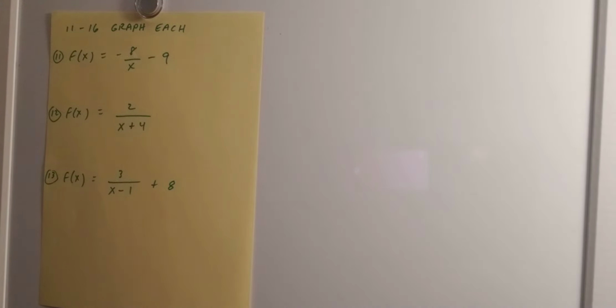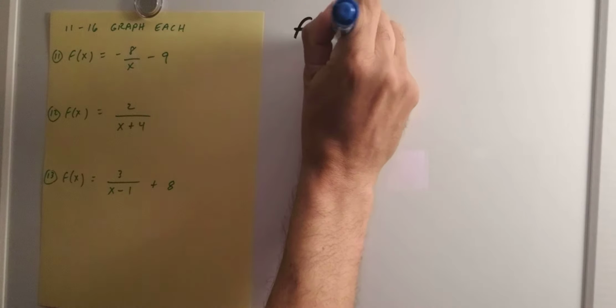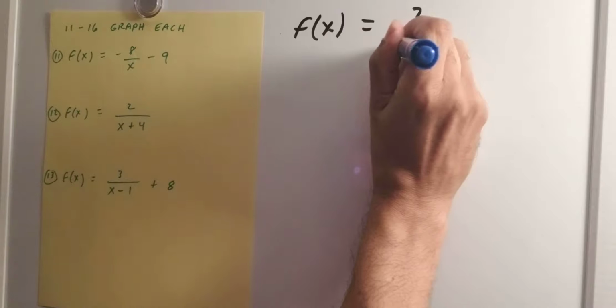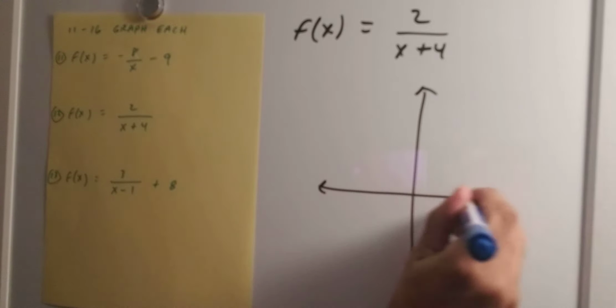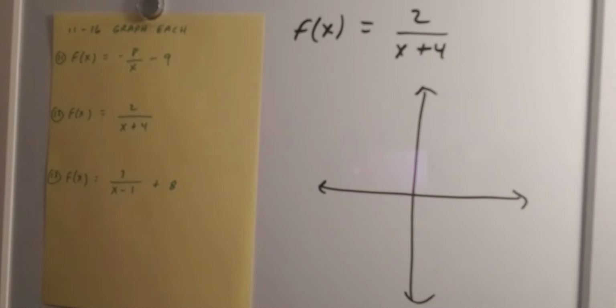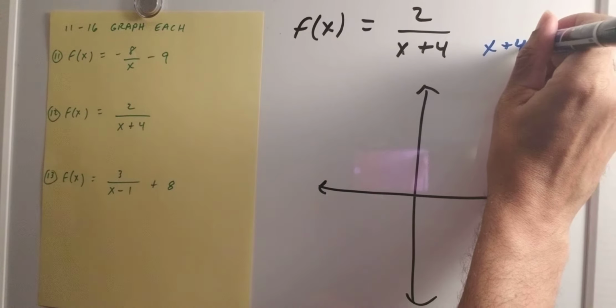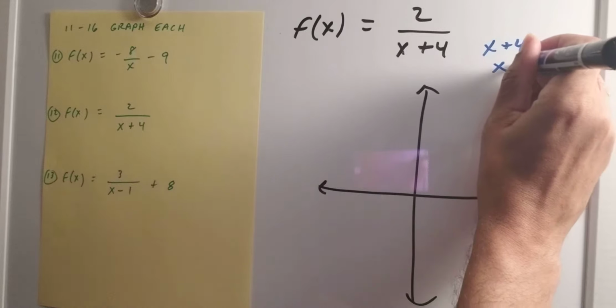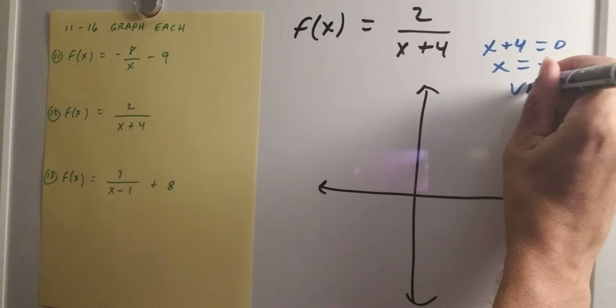Right, number 12. Again, graphing. F of x equals 2 over x plus 4. X plus 4 in the denominator gives us x equals -4 as a vertical asymptote.